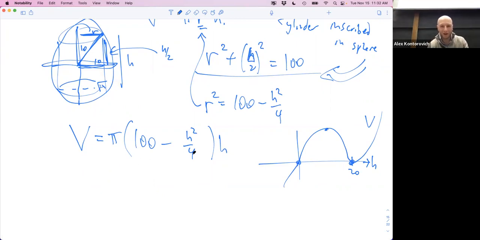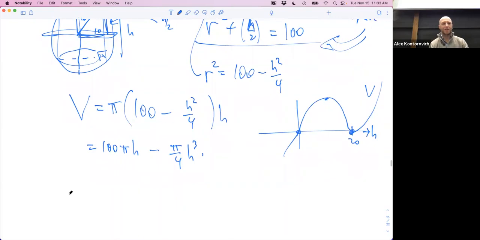Derivative. Okay, so let's multiply this out. I get 100 pi h minus pi over 4 h cubed. And so v prime, differentiating with respect to h, is 100 pi minus 3 pi over 4 h squared.